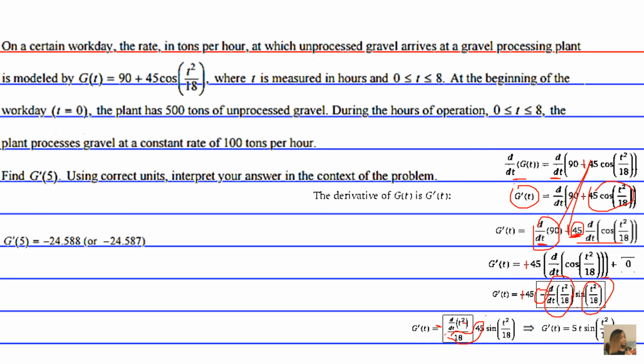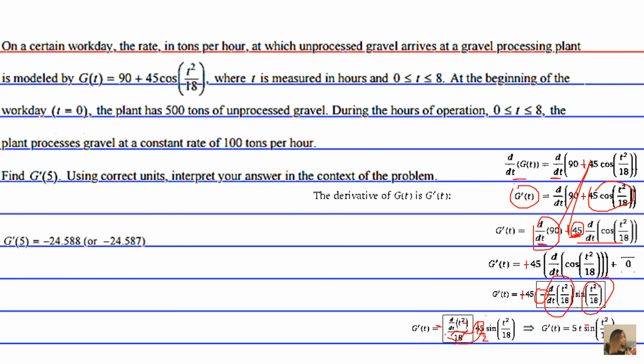And so we get 5t because the 2 that we get here will cancel with the 2 in the denominator that's left over after we simplify 45 over 18 and get 5 over 2. So our final answer is going to be negative 5t, the sine of t squared over 18.